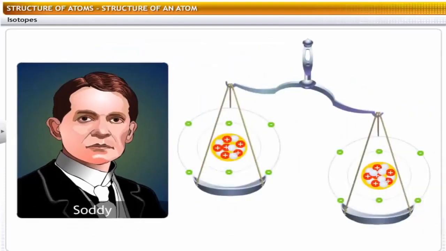Their atomic number and chemical behavior were the same, but their mass was slightly higher. The higher mass is due to the presence of extra neutrons. Soddy called the elements with the same atomic number and different mass number isotopes, Greek meaning same place.